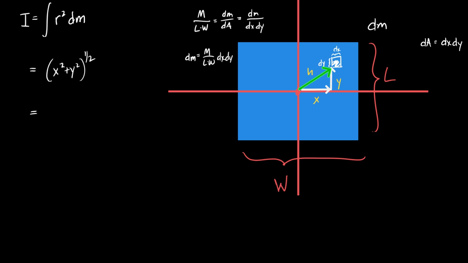So this all has to now be squared because it's r squared. This is just our r right here, the perpendicular distance from the center.